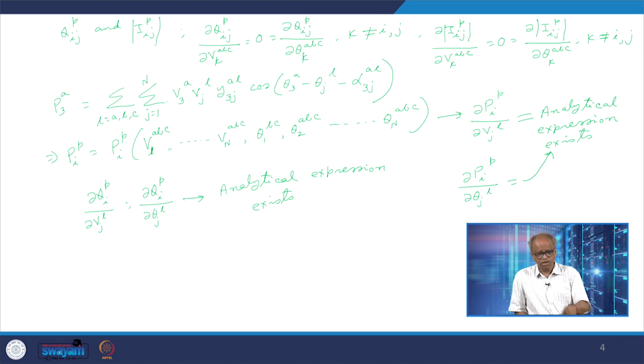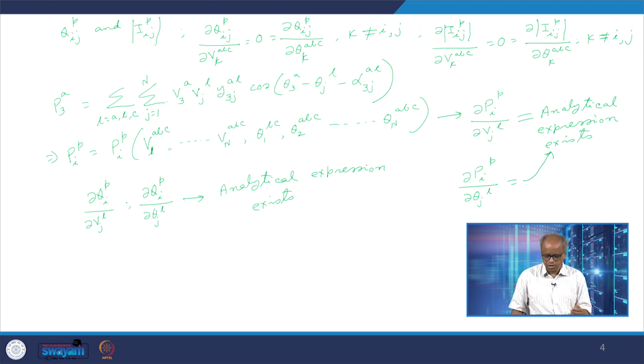But PIP and QIP are functions of all bus voltage magnitudes as well as all bus voltage angles because of this expression. So in their partial derivatives, the analytical expression exists. Whether it will be 0 or not depends on whether this quantity Yijpl exists or not.